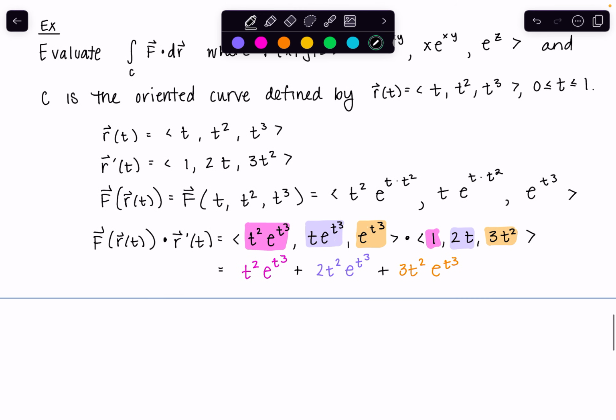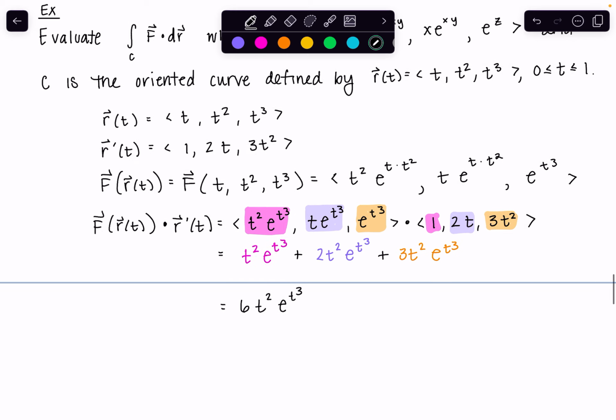Thankfully these are all the same thing, so I have 1 plus 2 plus 3 of them. We have 6t squared e to the t cubed.